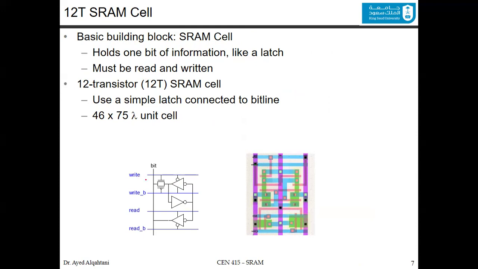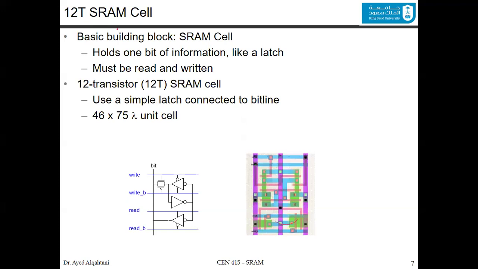As you can see, we have write, write bar, read, and read bar, because you have actually the value and you have the opposite of the value for these two inverters that work back to back. The 12 transistor SRAM cell uses a simple latch connected to the bit line, as you can see here. And the unit cell, in terms of area, you can design it like this, and it will be 46 times 75 lambda. That's the 12 transistor SRAM cell.